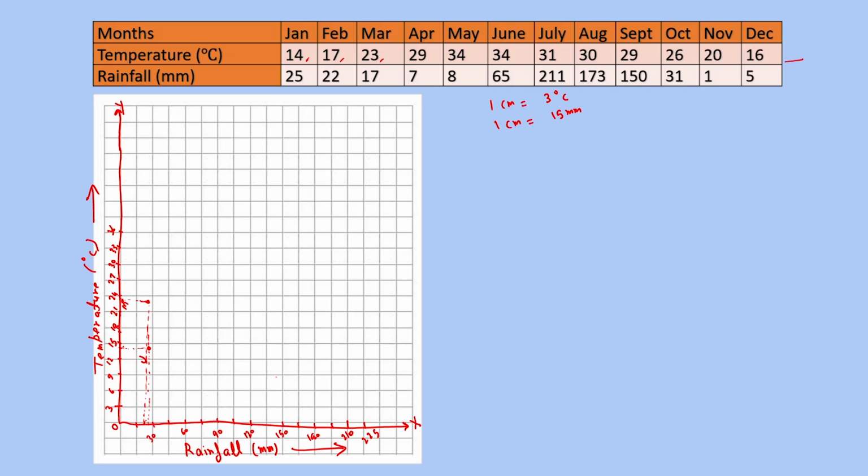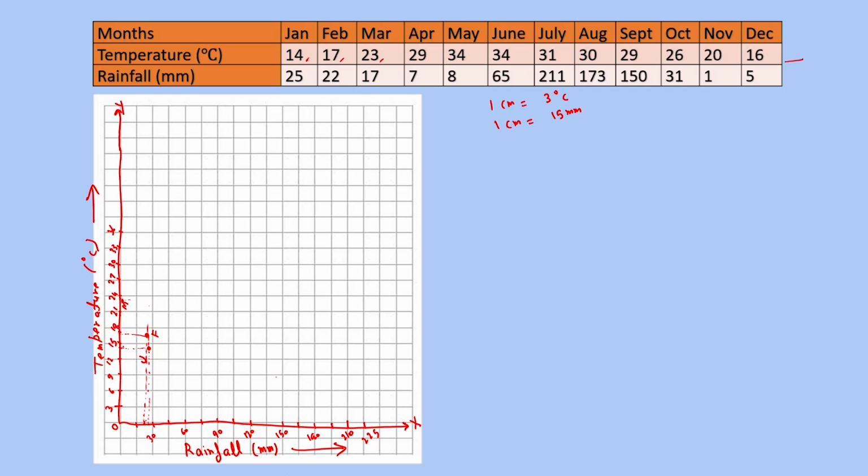Actually, I put a wrong location for the month of February. For February we have a temperature of 17 degrees. So, we will mark here and draw a perpendicular. This point will be for the month of February, and this will be the point for the month of March.